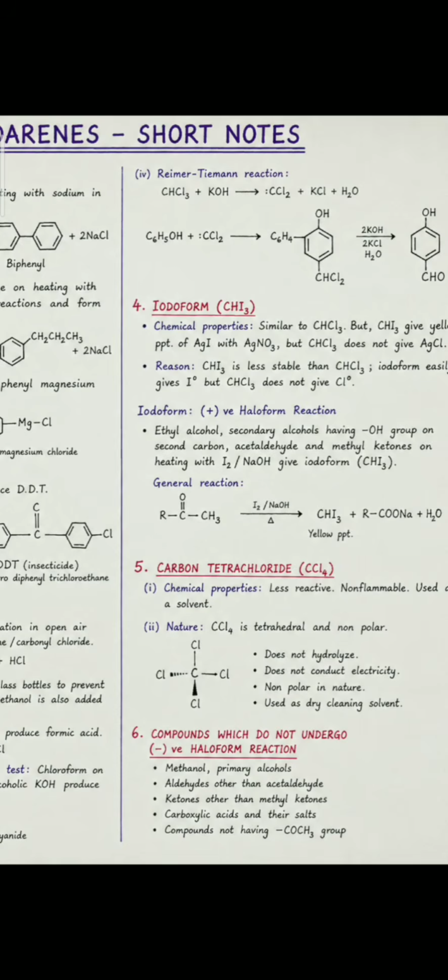Compounds that show a positive haloform test are, when CH3CH2OH, that means ethanol, and CH3CH(OH)R, these all give a positive test. Alcohols give a positive test, and aldehydes also, and ketones also give a positive test for iodoform.